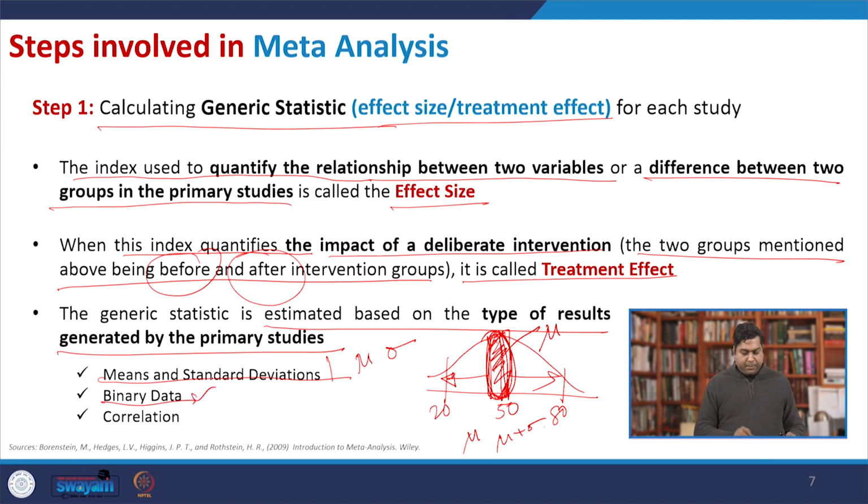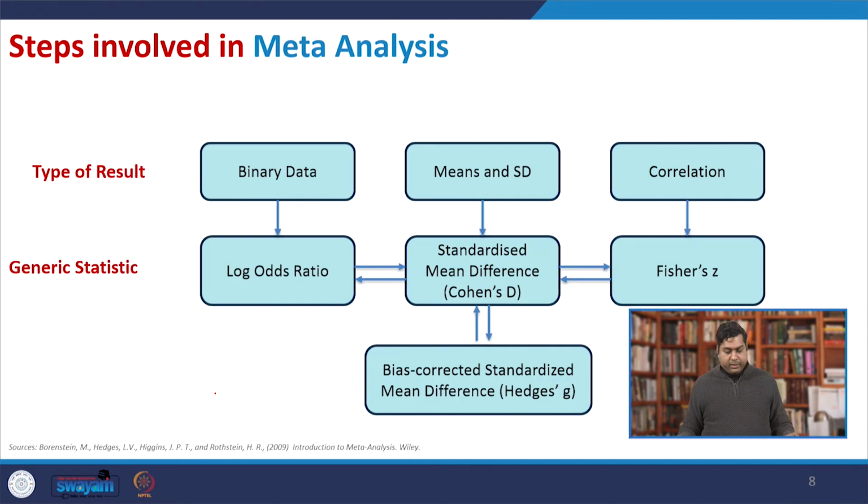It can be some study where it is representing binary data, or maybe it is something like the correlation between two variables. Now, whenever you go for binary data, normally the generic statistic that we develop out of all primary studies is the log odds ratio. Whenever you go for means and standard deviations, we go for the standardized mean difference.